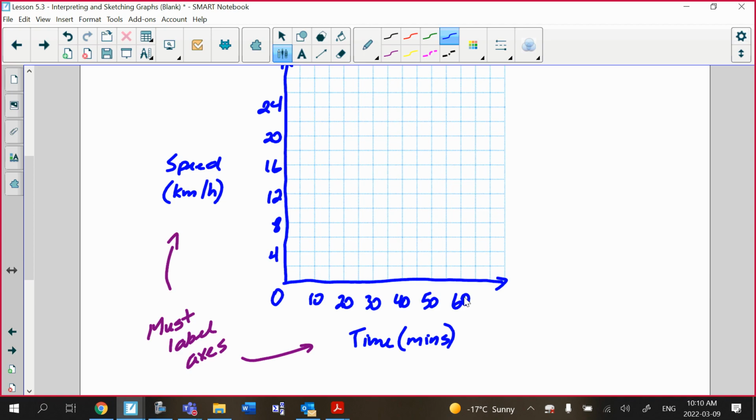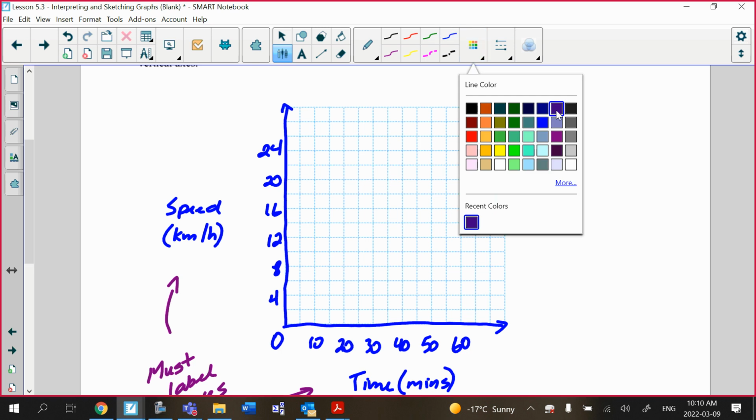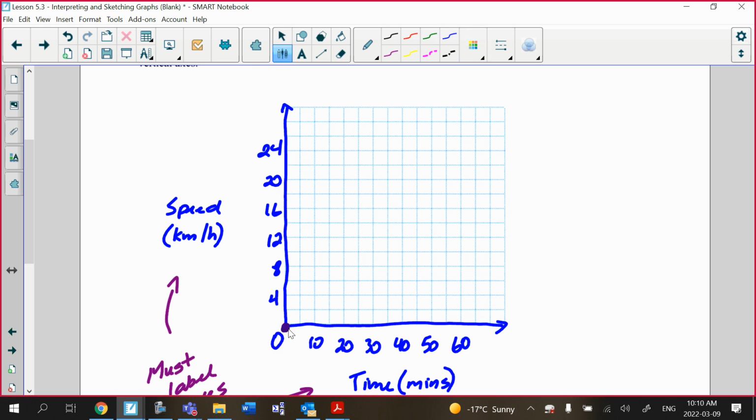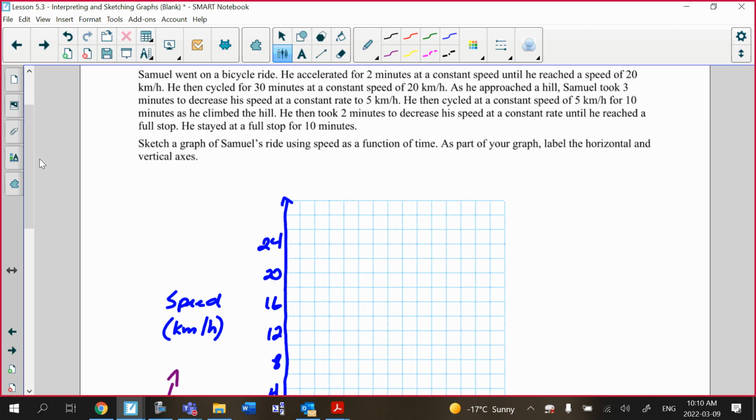Well, we're going to start here at 0. What's the first portion? He accelerates for 2 minutes at a constant rate, so that means it's straight, until he reaches 20. So he's got to go for 2 minutes along here, but get up to 20 here. This is 5, so it'd be a little less than halfway.